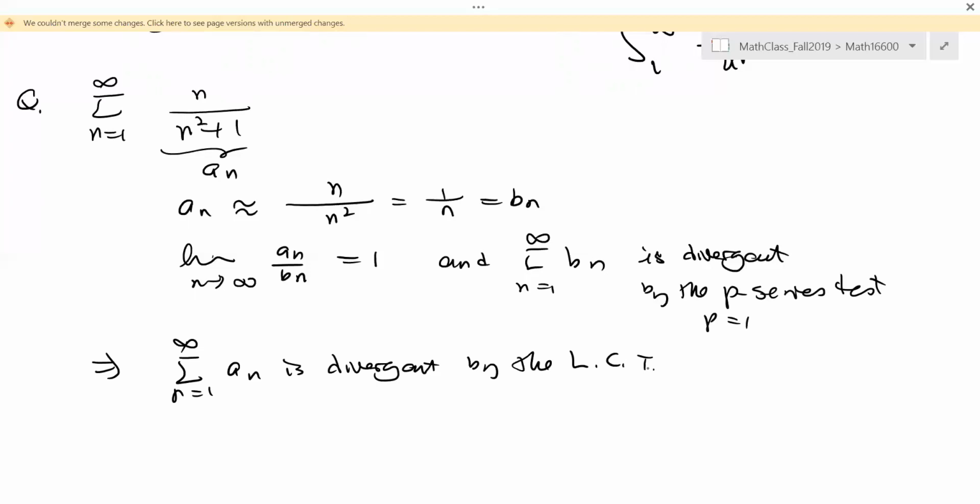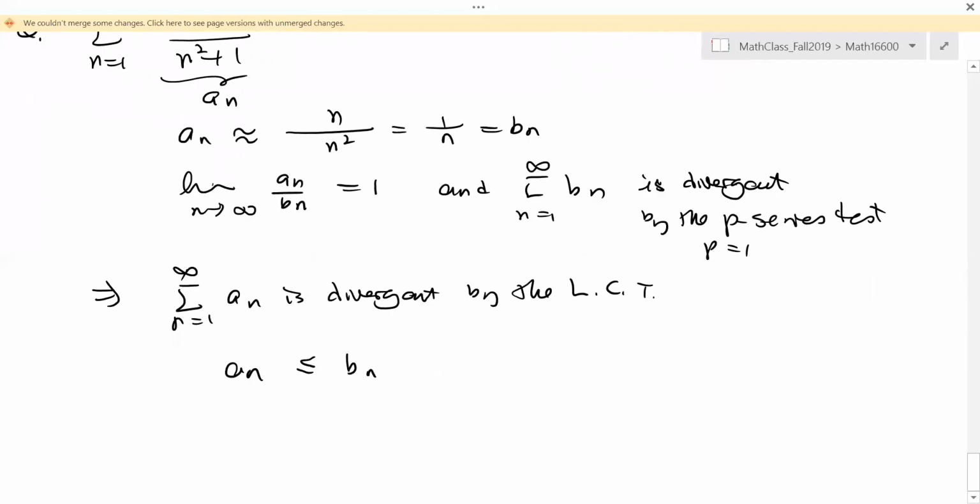Can you use a comparison test? No. You cannot easily compare with Bn, because the original term is less than or equal to Bn, but the Bn series is infinite. This side being infinity does not imply that this is going to be infinity.